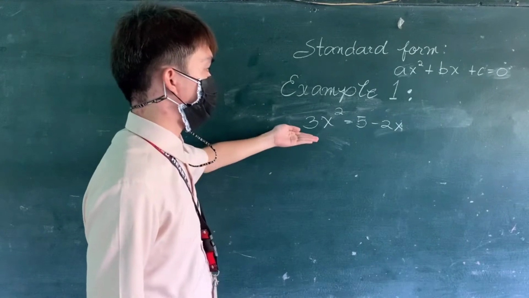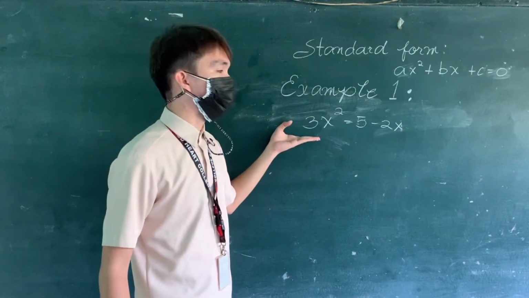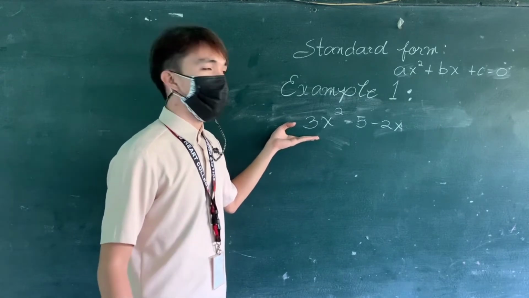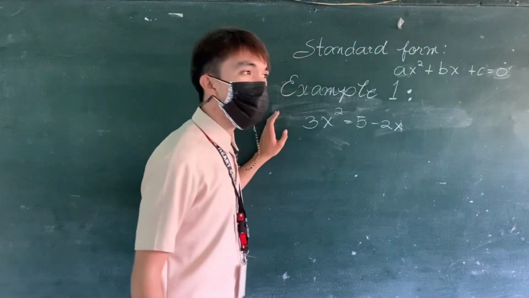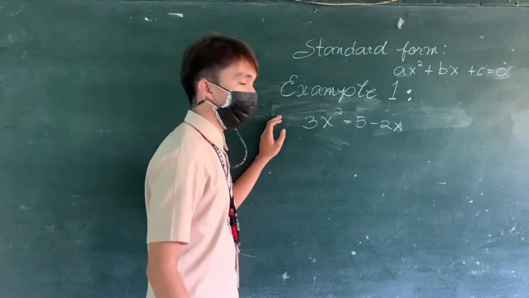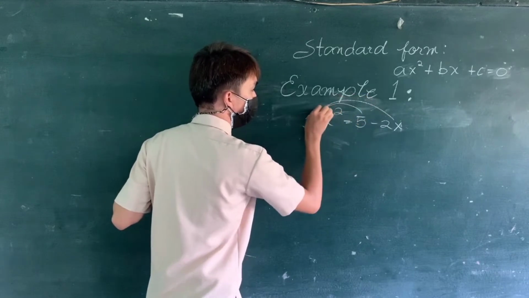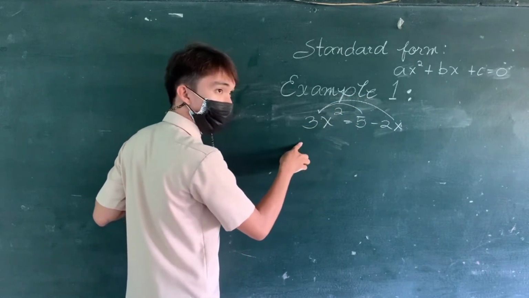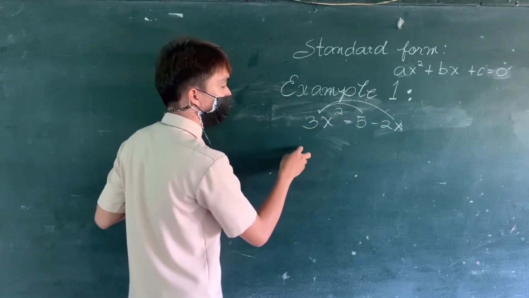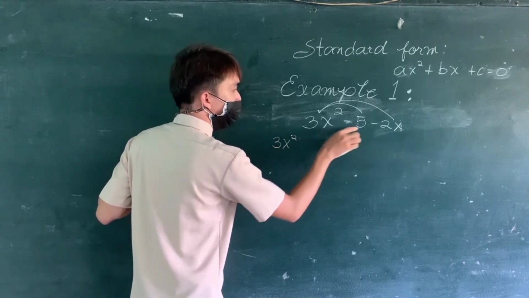Given equation, we have 3x squared equals 5 minus 2x. So, what are we going to do? Of course, we're going to arrange this. We are going to transpose 5 and negative 2x onto this side. So, copy 3x squared.